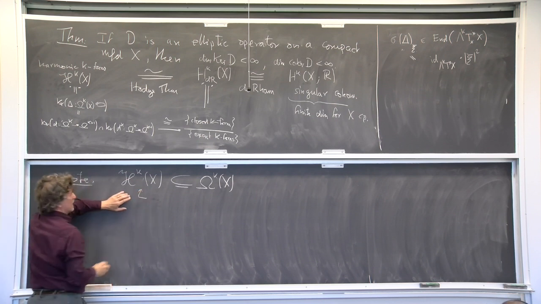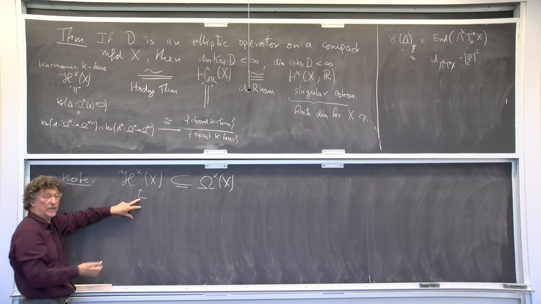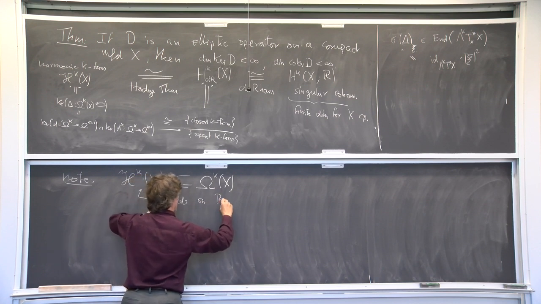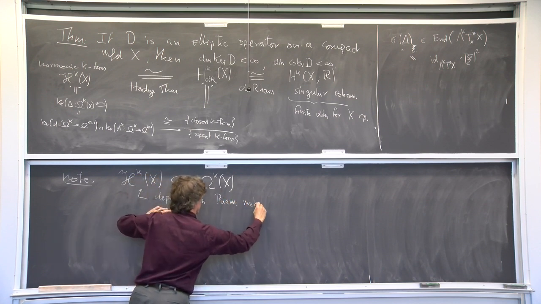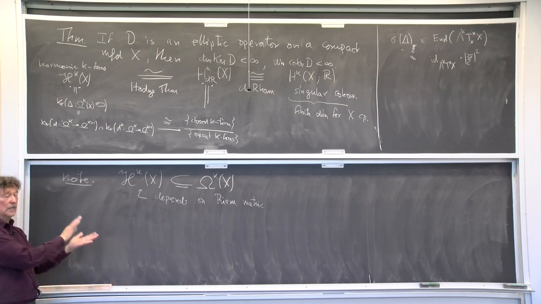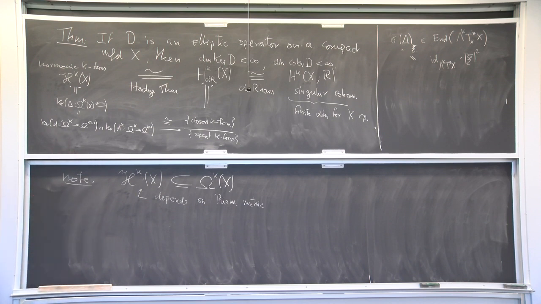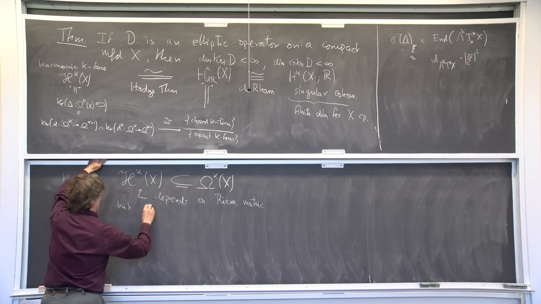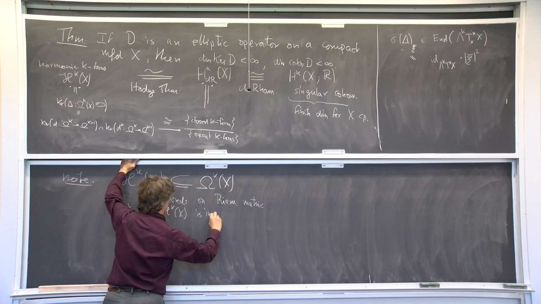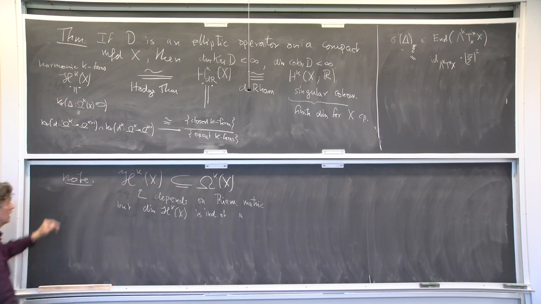The note is that this space actually depends on your Riemannian metric, since the Laplacian depends on that. You can see in examples that as you change your metric, the space of harmonic forms really changes. However, the dimension of that thing is independent of the Riemannian metric. So that might lead you to believe that maybe that is a general story.